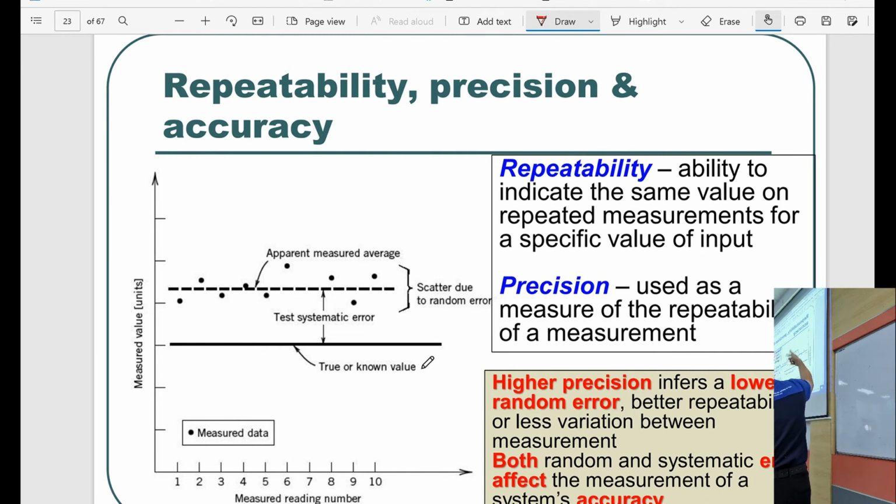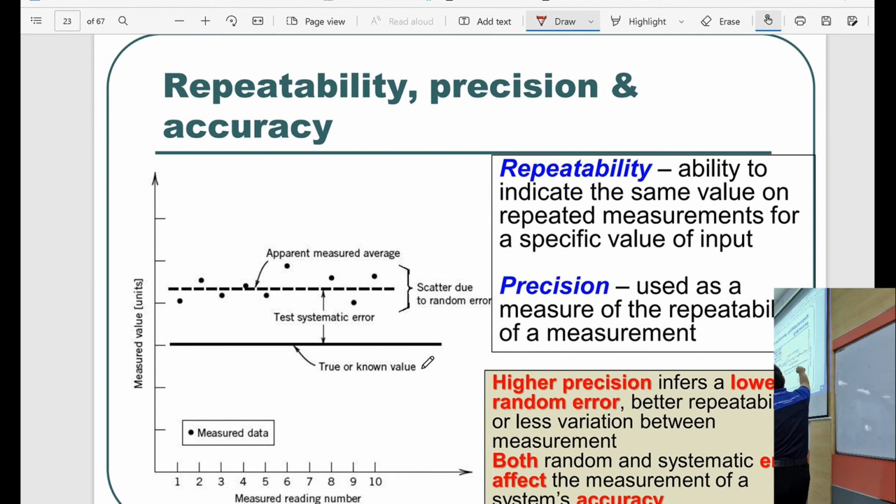If we have noise, it will have a random value, so it will scatter. That will affect the precision, so it's not repeatable. Repeatability is very bad for the first line. That caused the random error.